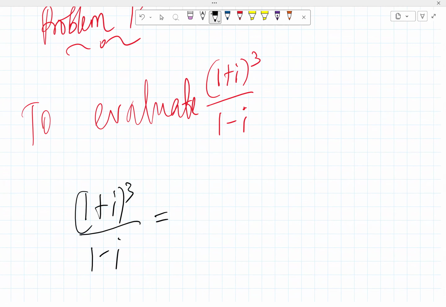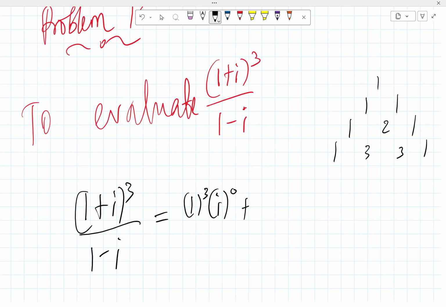For 1 plus i, we can use binomial expansion. We start with 1 raised power 3, i raised power 0. The coefficients, if you use Pascal's triangle, are 1 when raised power 0; 1, 1 for power 1; 1, 2, 1 for power 2; and for power 3, we have 1, 3, 3, 1.